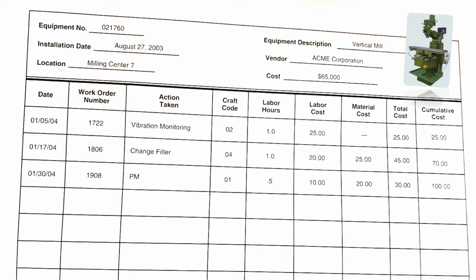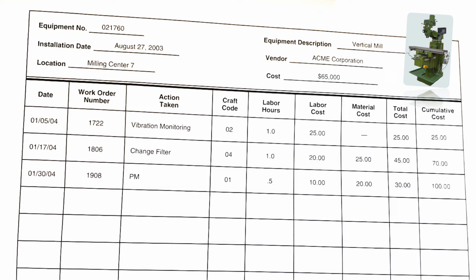A vertical mill, made by the vendor ACME Corporation, and it costs that much. Every piece of equipment costs a lot of money in the system, so you don't want to mess it up, because if you do, it will cost you your job. Therefore, you have to truly understand, and be skillful and educated, to maintain this equipment.